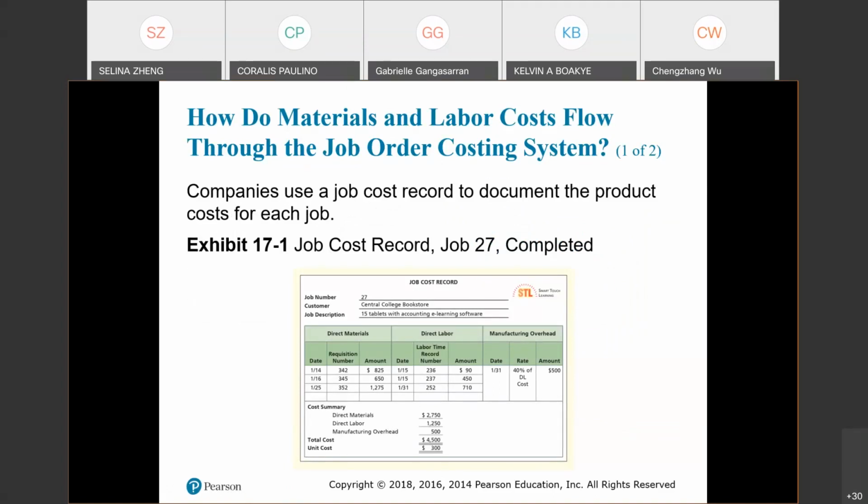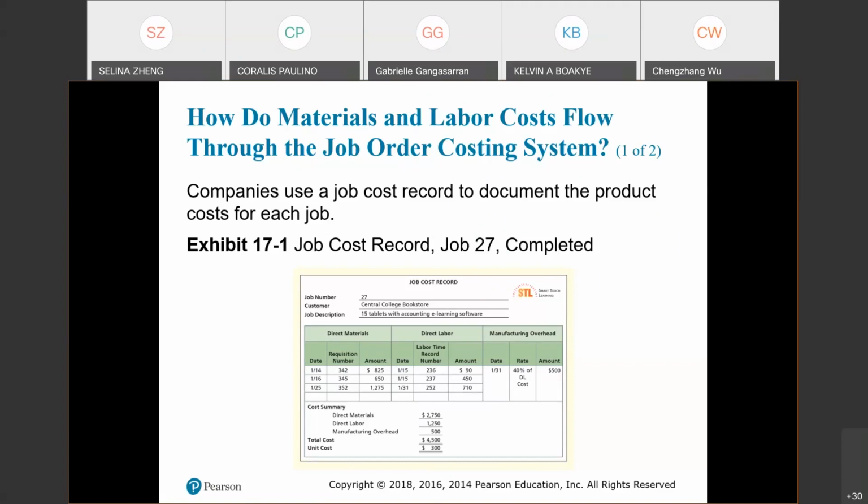A job order costing system tracks costs as raw materials move from the storeroom to the production floor, where they're converted into finished goods. Let's consider how a manufacturer uses job order costing to illustrate the process.